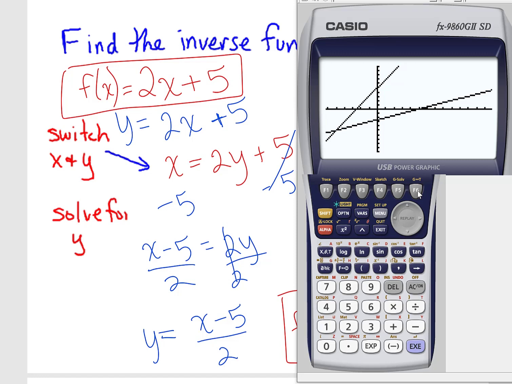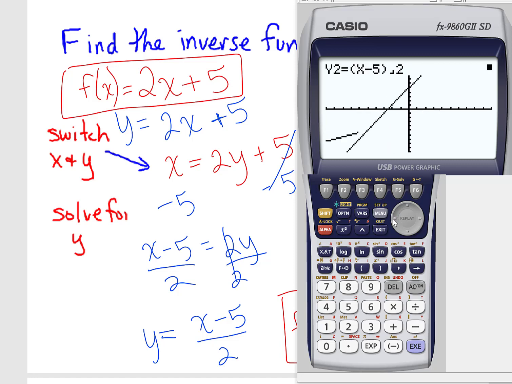Remember that depending on the dimensions of your window, it might seem a little skewed. But if we were to draw a diagonal line down here through the origin, these two graphs would be complete reflections of each other over that diagonal line. So every x on this one right here is a y on this one right here.